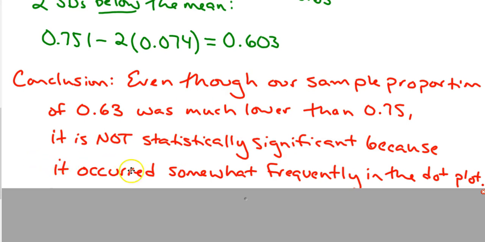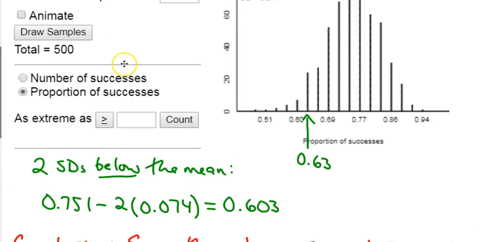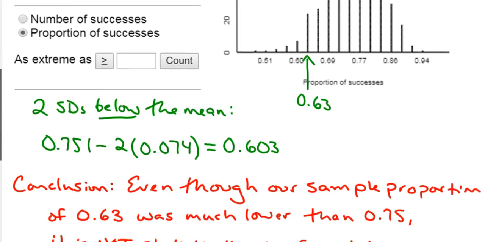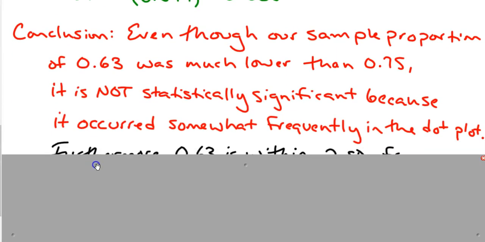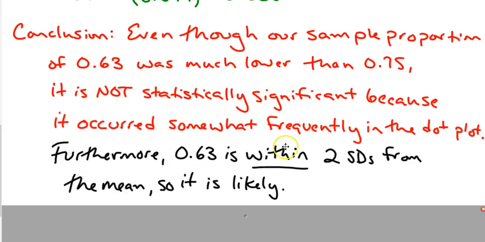It occurred somewhat frequently in the dot plot, right? Kind of happened a bit. It's kind of on the edge. If on your test or your Regents you said it didn't happen very much in the dot plot, I think we'd accept that for that particular situation as well. But we could proceed to find 2 standard deviations below the mean, and because it's within 2 standard deviations from the mean, it's considered to be likely.